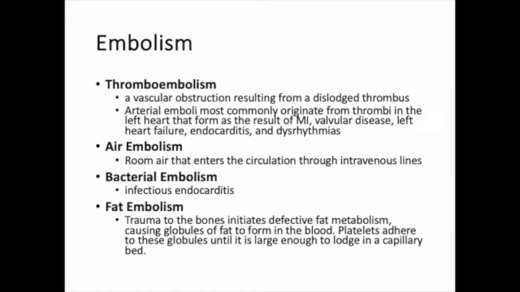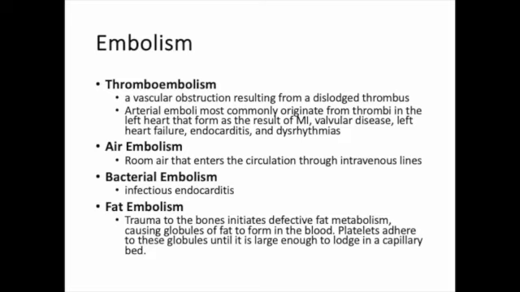All right, so these are the 4 types of embolism, and we'll just review thromboembolism again, although you got much more detail in the previous slide. A thromboembolism is a vascular obstruction that's going to result from a thrombus that has dislodged and now is in motion.